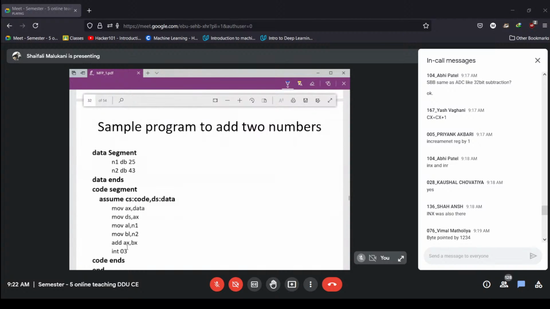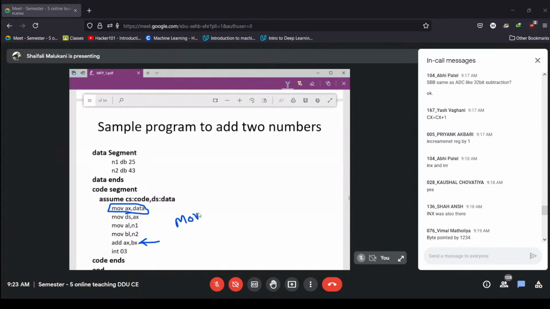And I have added AX and BX. But if I want 8-bit addition, I should actually write AL and BL here. If I write like this, AH already contains a value from before, so it is not going to give me the correct result. If I want to use this instruction anyway, what do I have to do?